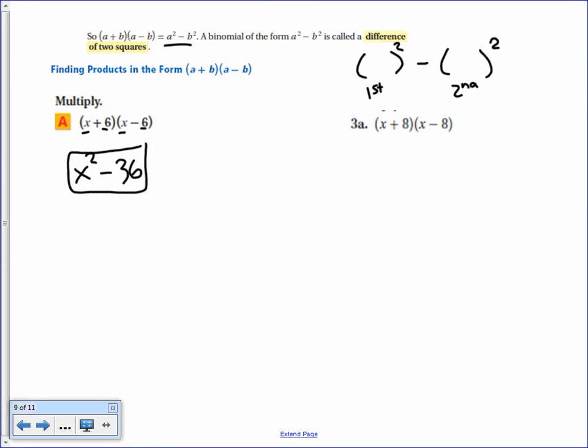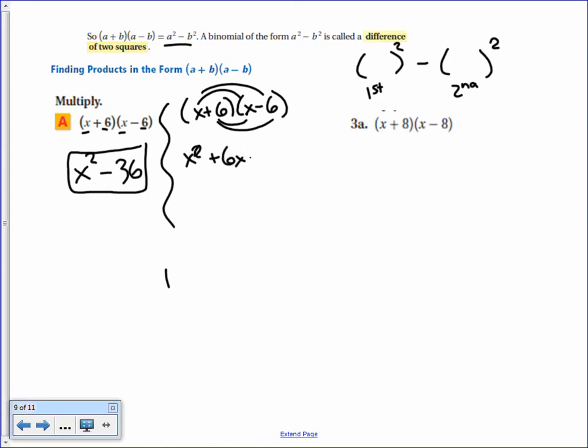Okay, so why are these so simple, and why is there only 2 terms for these? Well, this is just a side note: if we do it the longer way, x plus 6 times x minus 6, and we FOIL that out, we get x squared plus 6x minus 6x minus 36.